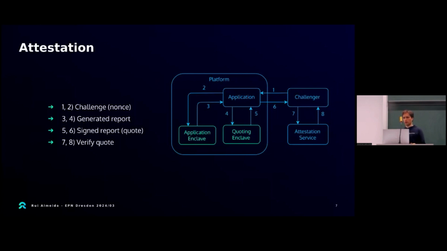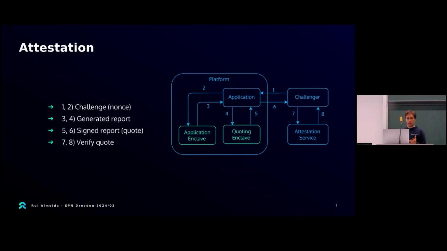So the user needs to challenge the platform and make it generate and produce all of the measurements and all of the attributes, all of the configurations that are running, so that they can be then signed by an attestation key that has been derived from root keys that are part of the hardware trusted execution environment.